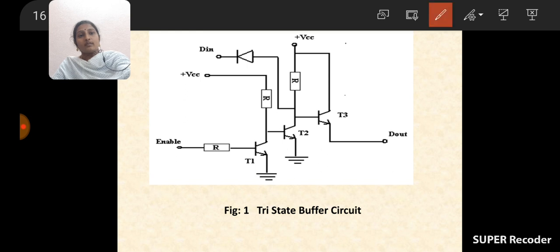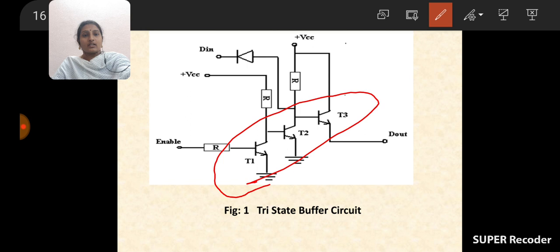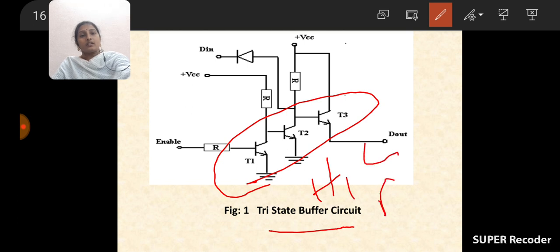How many transistors are there here? 3 transistors are there: transistor 1, transistor 2, transistor 3. So, tri-state buffer, how many states are there? 3 states are there. What are the 3 states? One is high, other is low, other is floating. So to indicate these 3 states, high, low and also floating, how many transistors are used here?